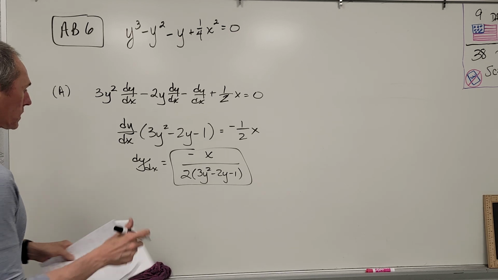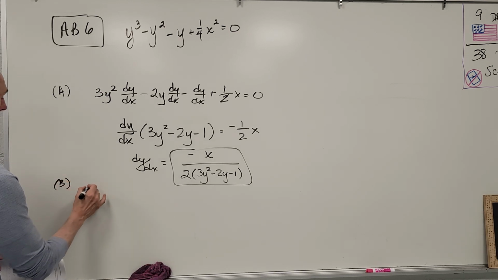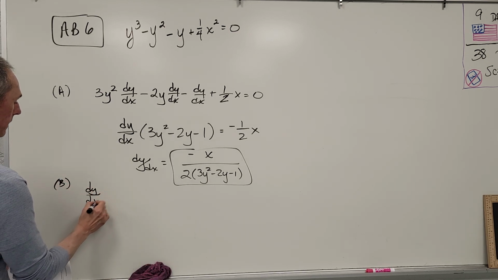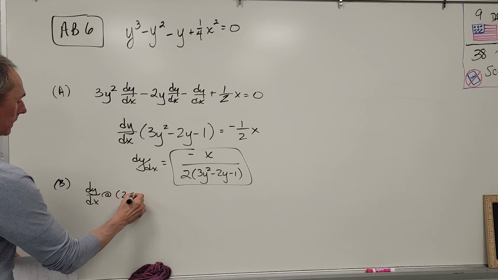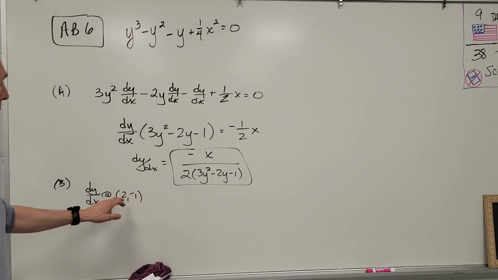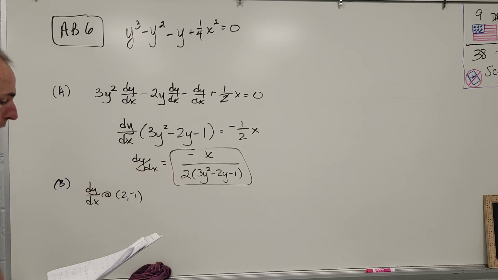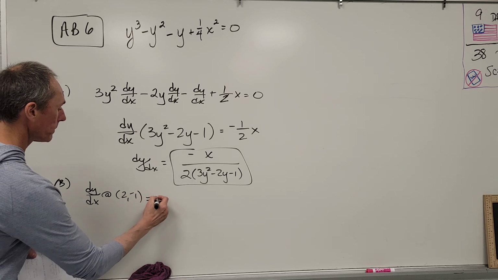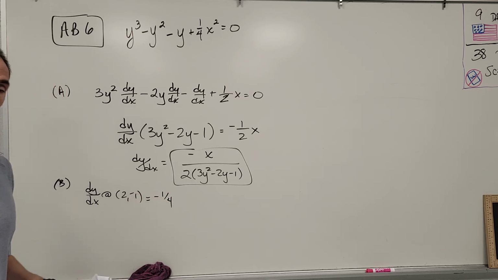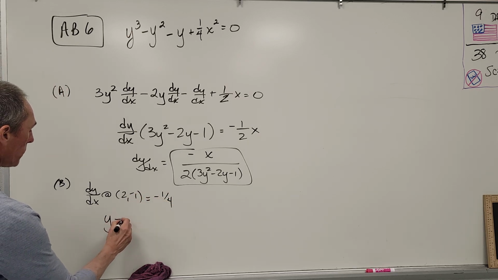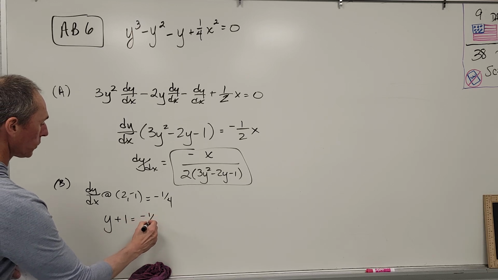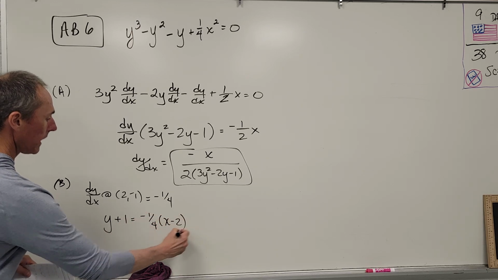First things first, let's find what the derivative is at 2, -1. When we place 2 in for x and -1 in for y, we wind up getting -1/4. So the tangent line equation would be y plus 1 equals -1/4 times x minus 2.